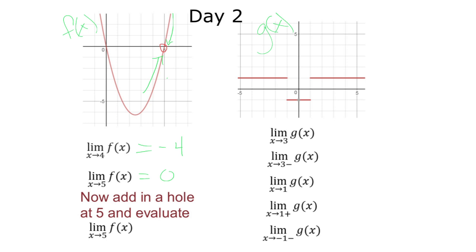I'm hoping you're saying it's still 0. That hole doesn't mean anything. It doesn't matter that it's undefined at that spot. It's still about what it's approaching. And so that hole plays no part in the limit being undefined or something like that. We would still say it has a limit of 0.